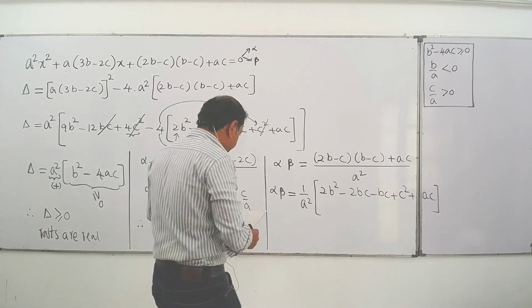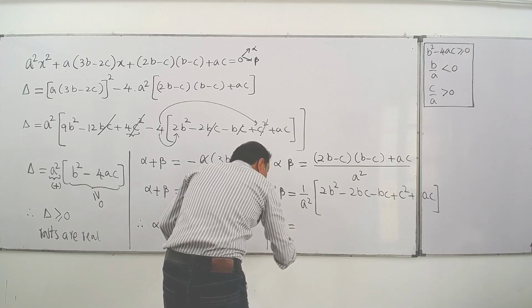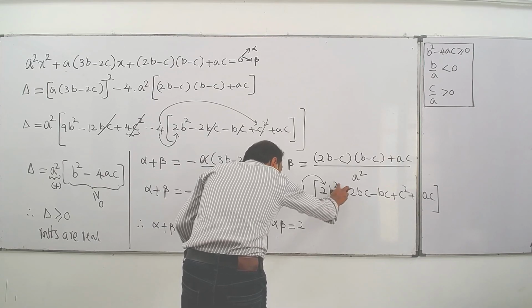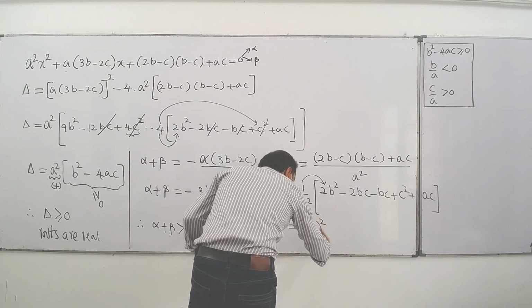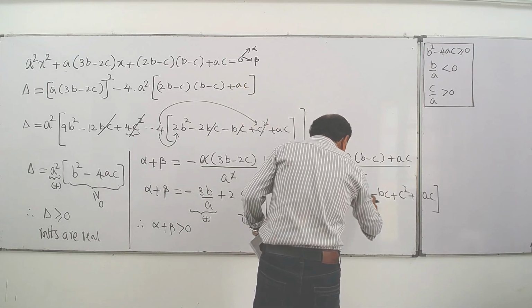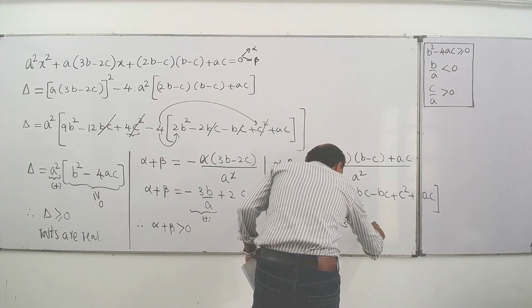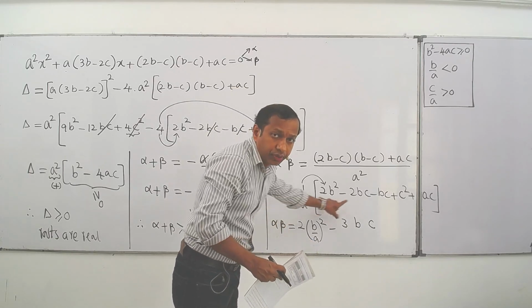Now I can write this alpha beta product, multiply this and this, then I can write 2 times b squared over a squared, b over a perfect square. Here, minus 3bc, no? Minus 3bc, should be divided by a squared.